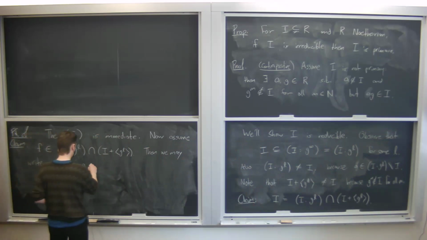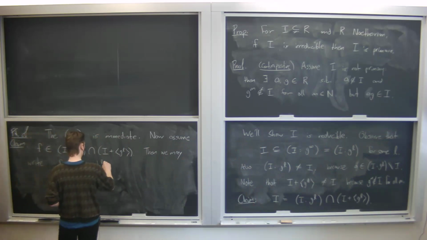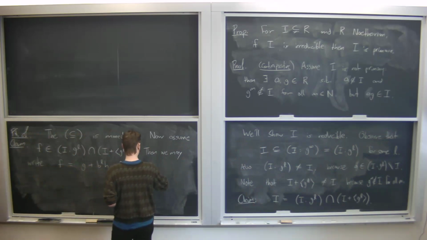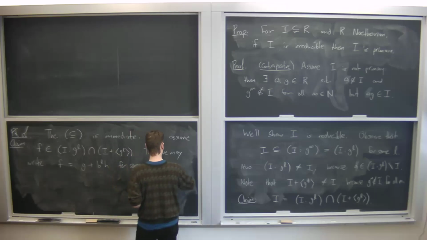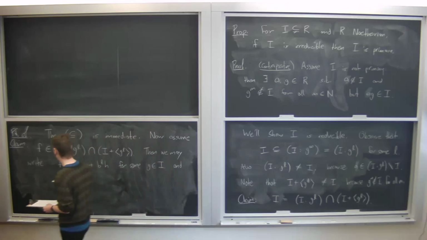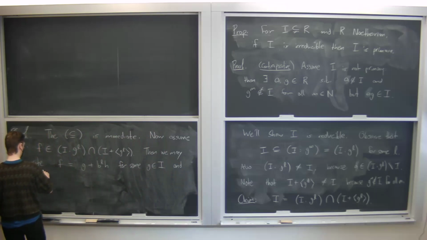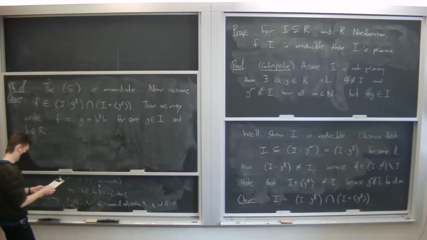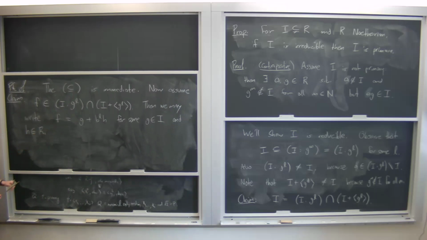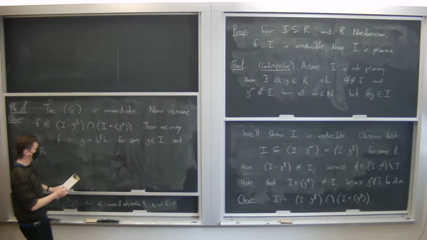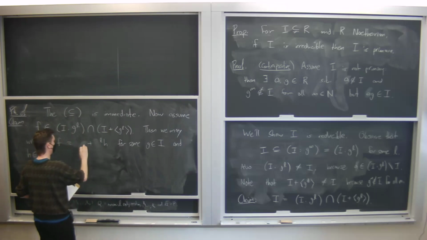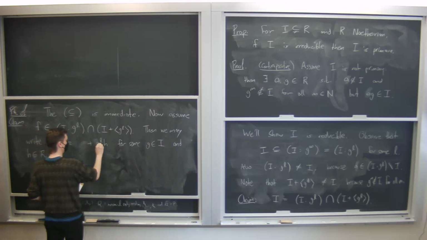Okay, F looks like G plus B to the L times H for some G belonging to the ideal I and some ring element H. Sorry, what's B? Oh gosh. I'm screwing myself up because I use different labels in my proof.